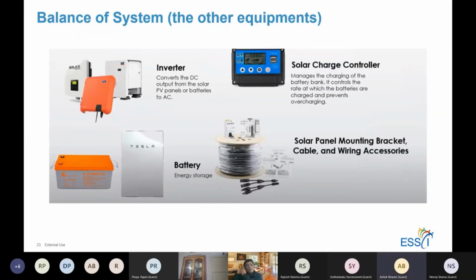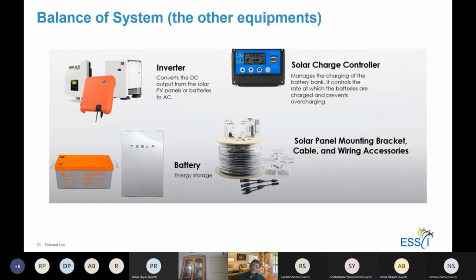You have also got the conventional lead acid batteries. You also have lithium ion batteries, and then you have the structures. You have the cables, the mounting accessories. The connections are done with what is known as MC4 connectors.